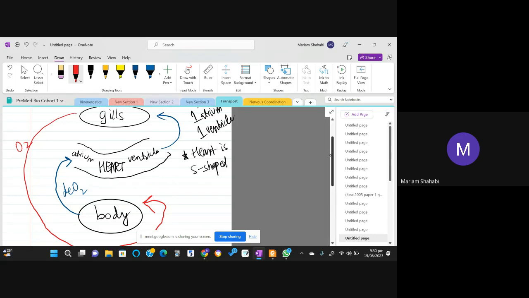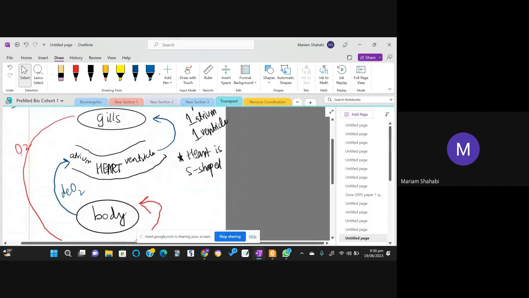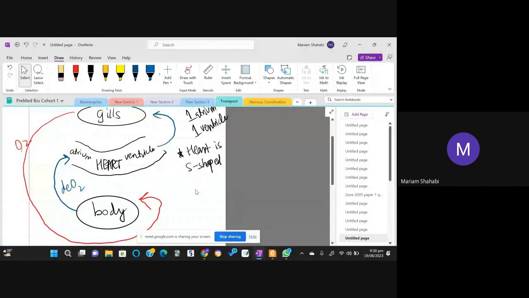So if you compare this to humans, if you compare this to mammals, in our heart obviously there are 4 chambers, 2 atria, 2 ventricles, but we know that in our body blood passes through the heart 2 times. It's not that the pulmonary vein will directly carry blood to the body tissues, that doesn't happen. It has to go through the heart. But in fish the oxygenated blood coming from the gills will not go to the heart and it will directly come to the body tissues.